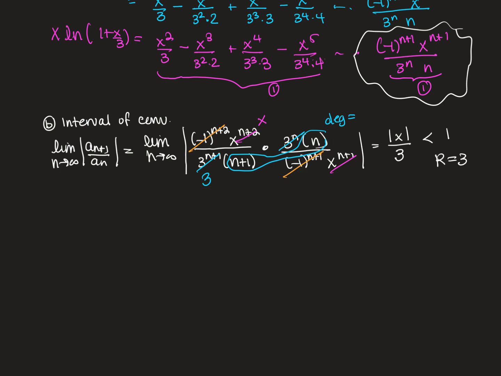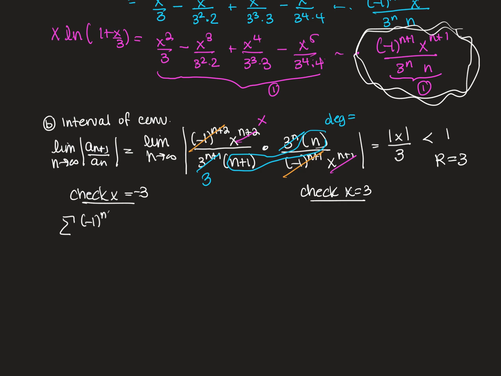Now we have to check our endpoints. Remember, it was centered at 0, so we're going to go 3 to the left and check x equals -3. And we're going to go 3 to the right and check x equals +3. And when we check that, we're going back to this general term here and plugging it in for x. So we have -1 to the n plus 1, -3 to the n plus 1, 3 to the n times n.